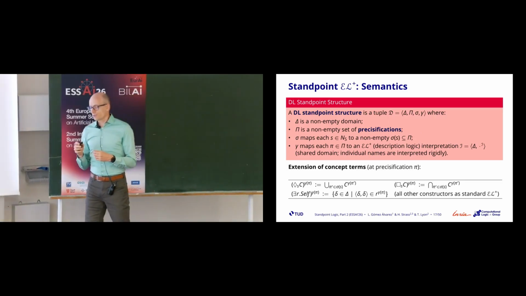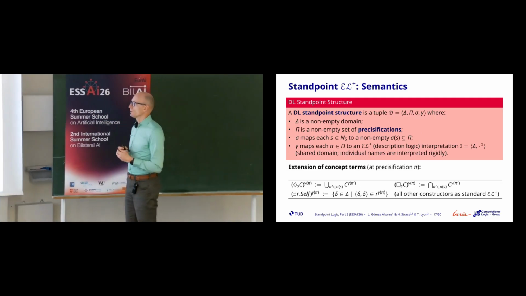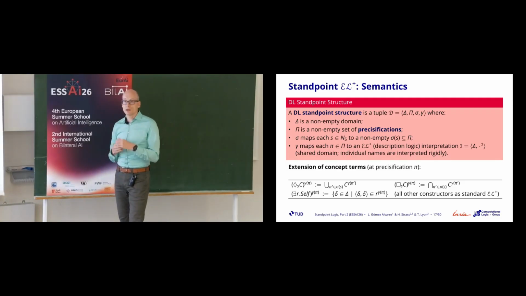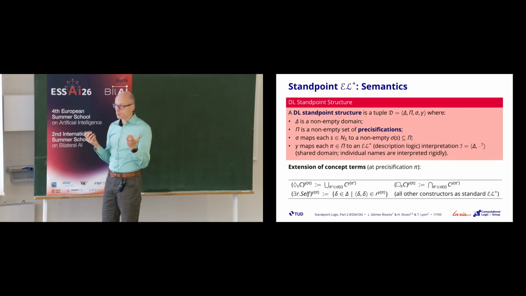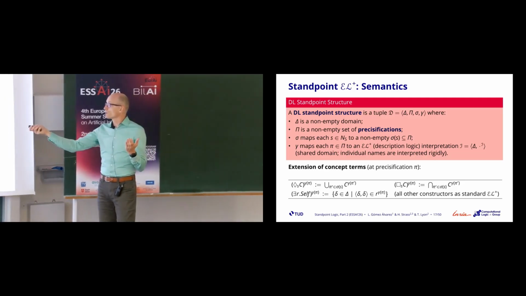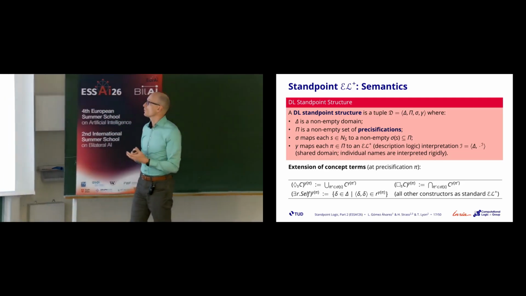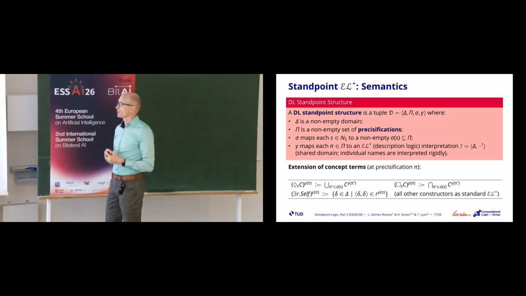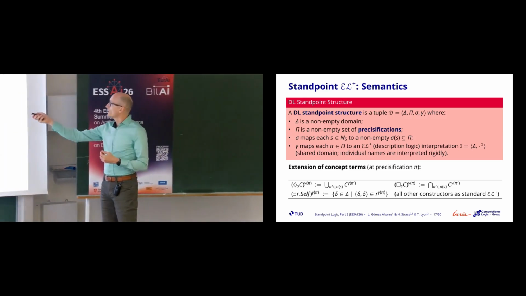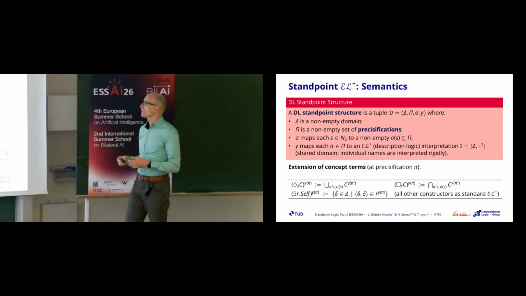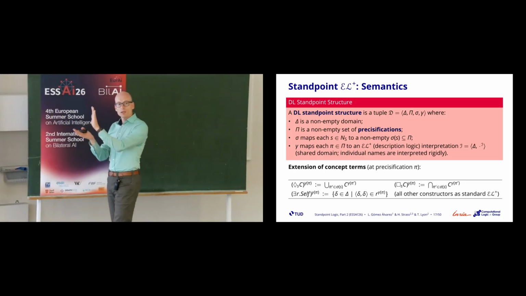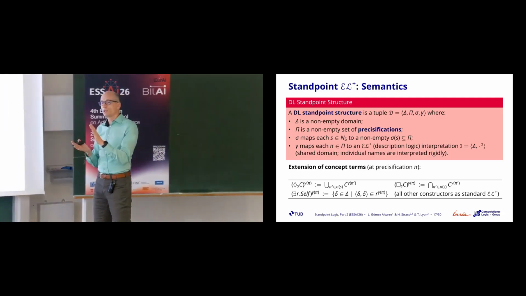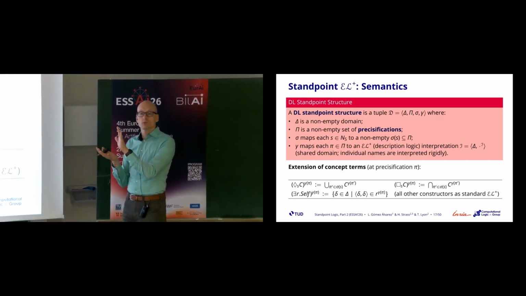So that's the syntax. So I can say a lot, but of course I also have to define what it means. And for this, we are using so-called description logic standpoint structures. Or sometimes we also reverse the name and call it a standpoint description logic structure. So the point is that we now have a many-dimensional, or more specifically a two-dimensional structure.